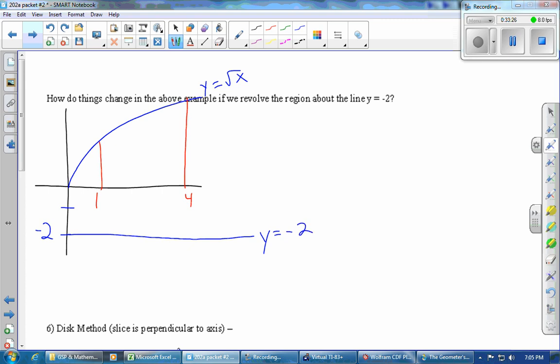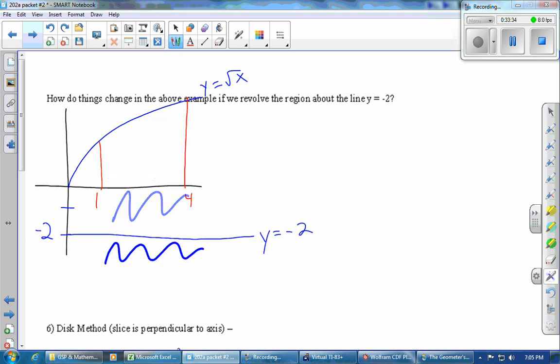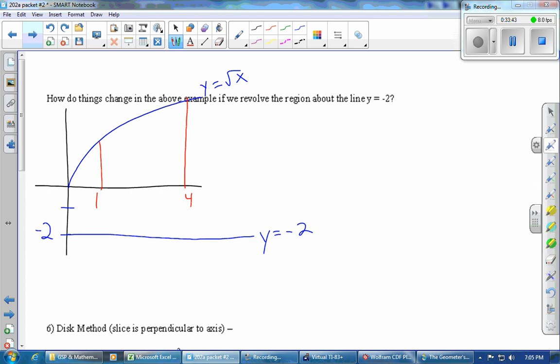So my region is still this stuff up here at the top. When I take it and spin it around, there's going to be this white space in between, which means there's going to be white space here, and that region is actually going to come this way. So if I want to draw another copy of the thing from up above, I've got to throw it down, not just flipped over, but I need to have enough space in here so that there's 2 missing on either side of that line.